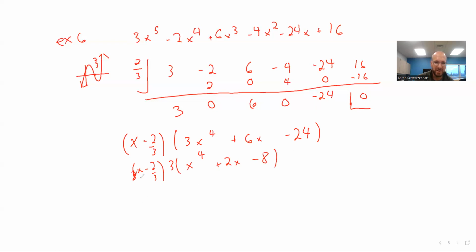I'm going to distribute the 3 into the x minus 2/3, giving me 3x, and 3 times negative 2/3 is negative 2. I'm going to factor this. I missed a squared there. There is a squared on the 2x squared into x squared and x squared.